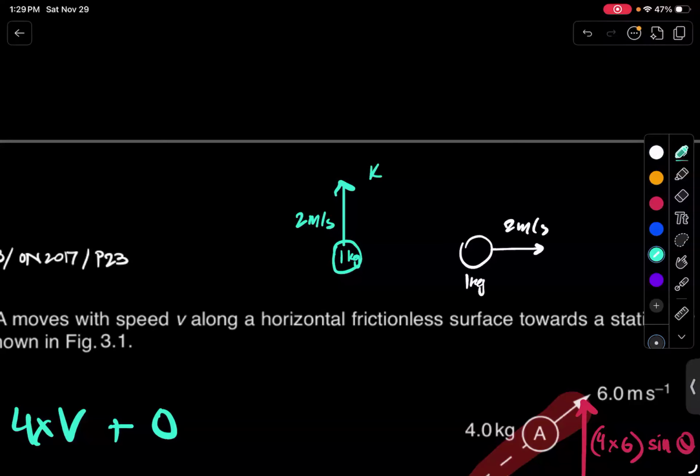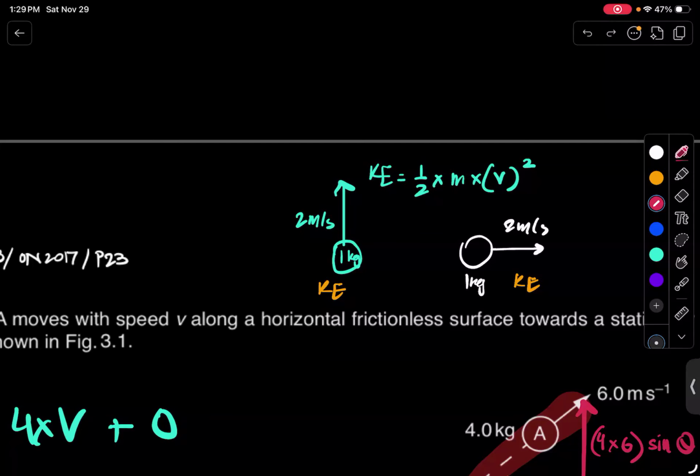It's the same, because kinetic energy is 1/2 into mass into velocity squared. When you plug in the values, both will have the same kinetic energy. Why? Because kinetic energy is a scalar quantity.